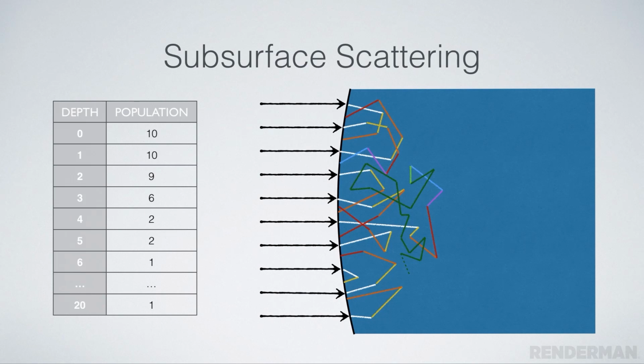And this is not an uncommon scenario in production shots. We see that only a small number of those paths that entered a subsurface material are active after, say, depth 10 or 20, and they may remain active for 100 to 200 iterations, and sometimes even more.